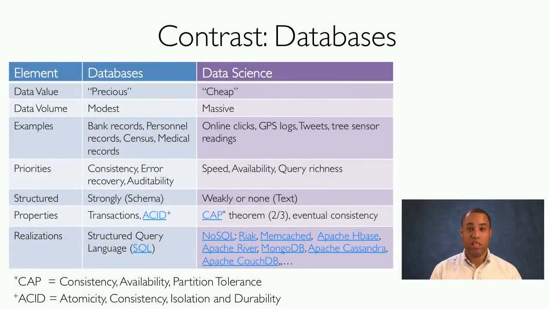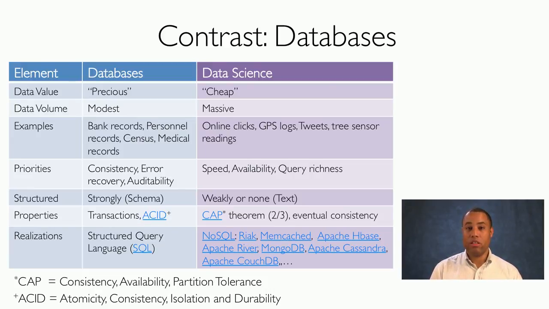One way to understand what data science is to contrast it with other domains. So let's contrast it first with databases. In databases, every data value is precious because our data values are things like bank records or personnel records or census or medical records. We don't want to lose or corrupt any of that.